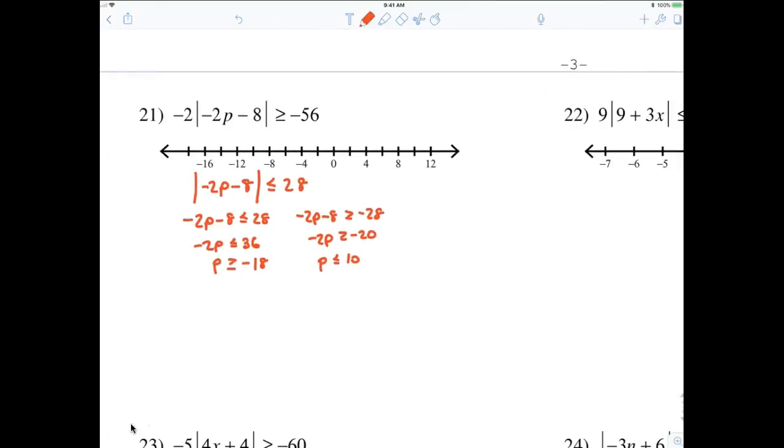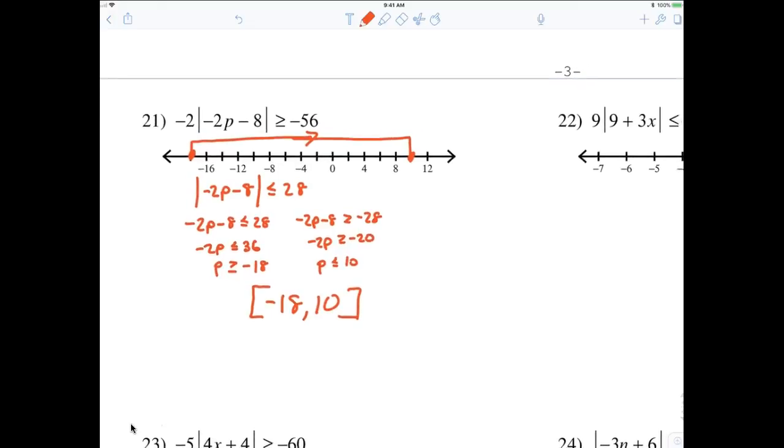Okay? So if I'm greater than or equal to negative 18 and less than or equal to 10, that just means I'm everything in between. Any issues?